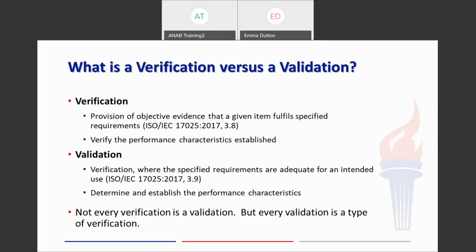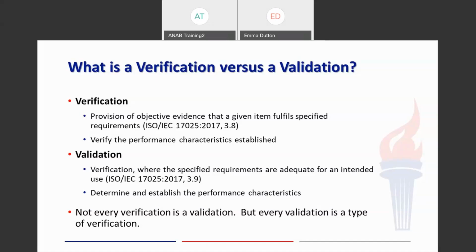So what is the difference between verification and validation? 17025 helps us out because 17025 actually gives us the definition of verification and validation. For verification, it's a provision of objective evidence that a given item fulfills specified requirements.